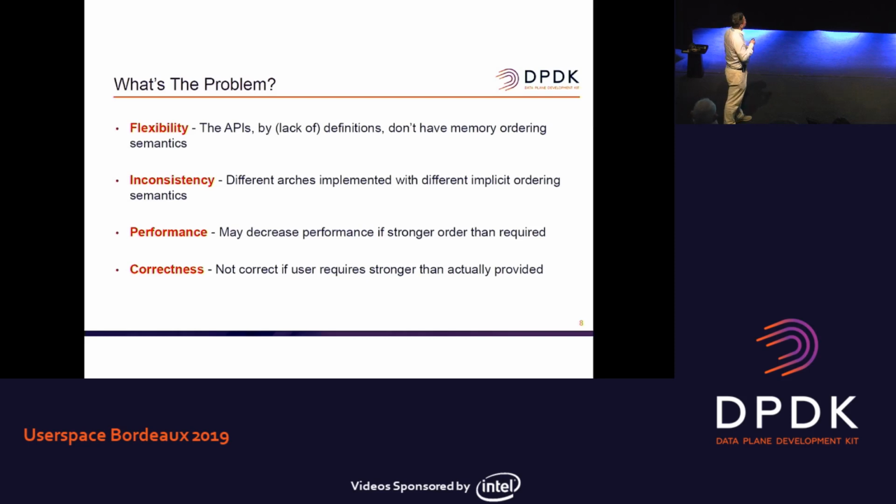It will hurt performance, especially on weak memory ordering platforms like ARM64. And the last one is correctness. If a use case requires stronger ordering than actually provided, then some synchronization will go wrong.